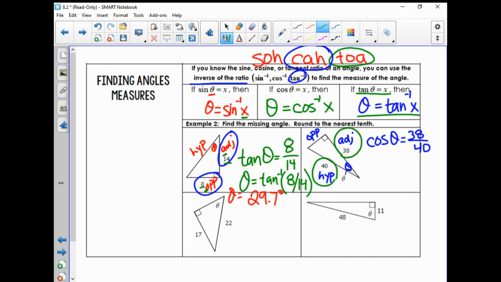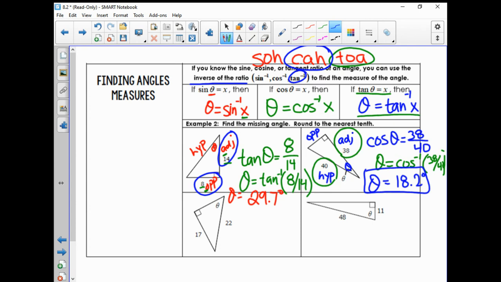Again, in your calculator, I'll write it out one more time. So theta is going to equal the inverse cosine of 38 divided by 40. So in our calculators here, second cosine, and then 38 divided by 40, and I get 18.2 degrees. 18.2 degrees right there is that angle.